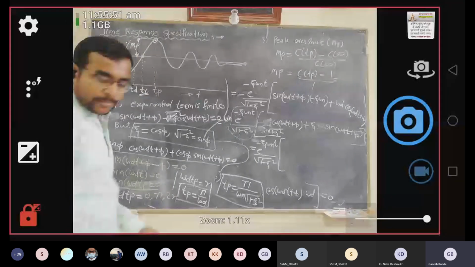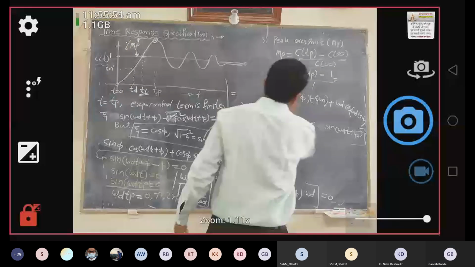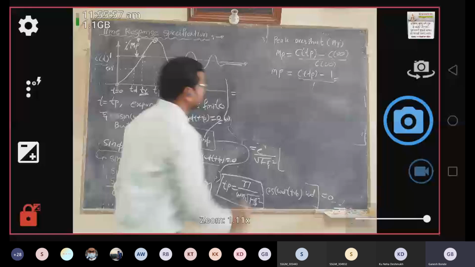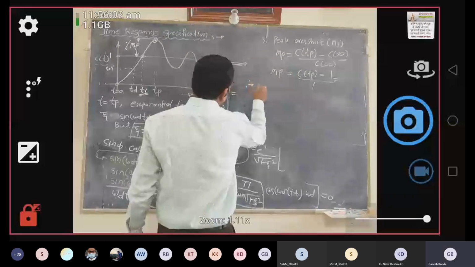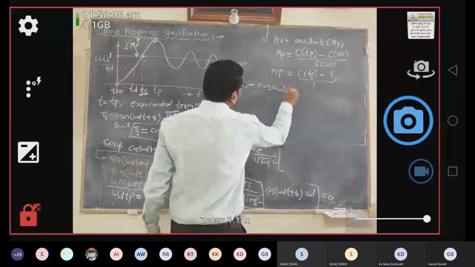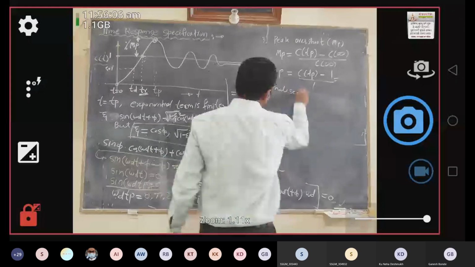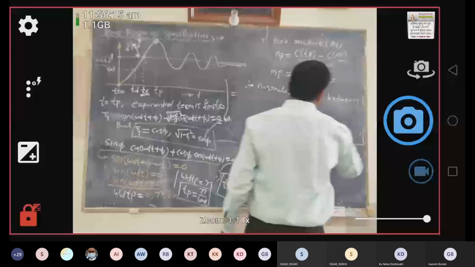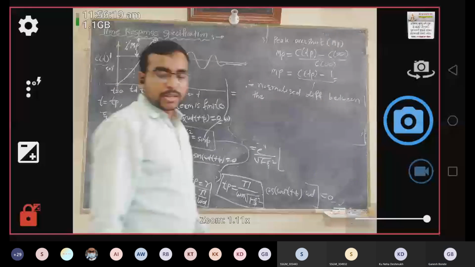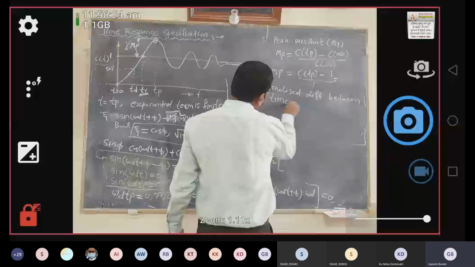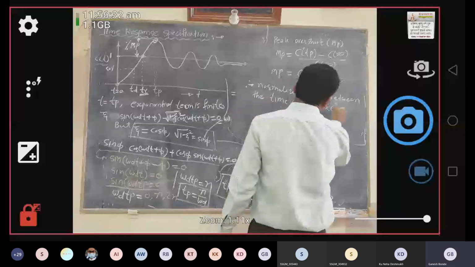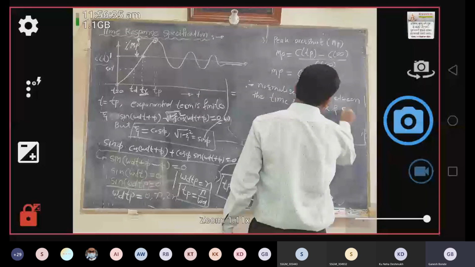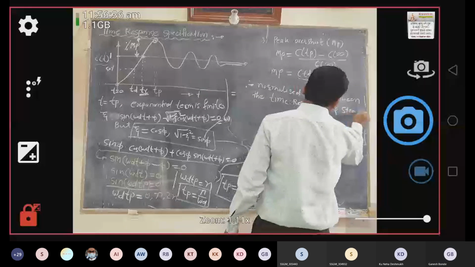So write down the definition of MP. MP is nothing but the normalized difference between the time response peak, that is C of Tp, and the steady state output.